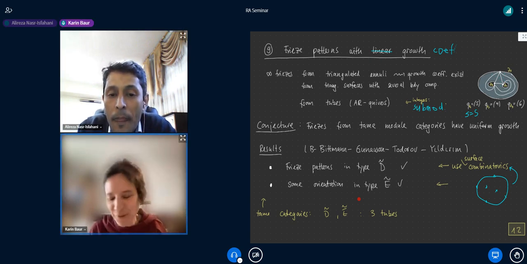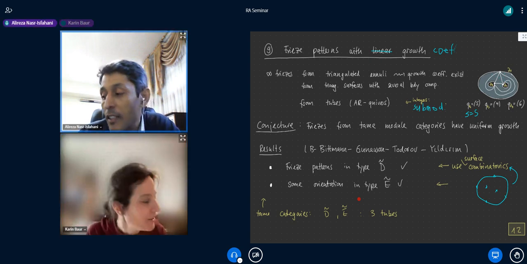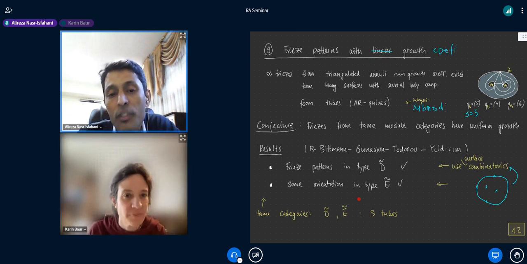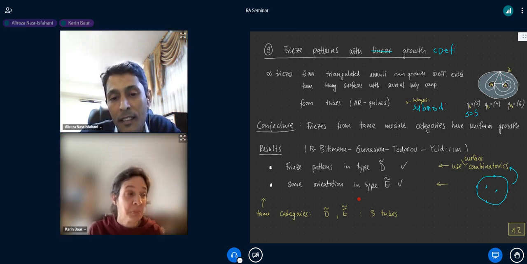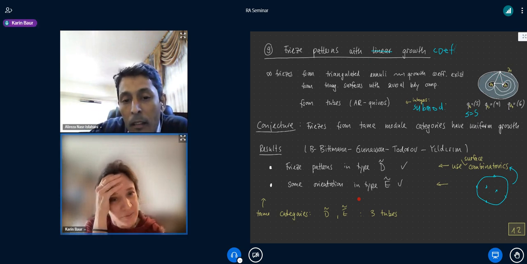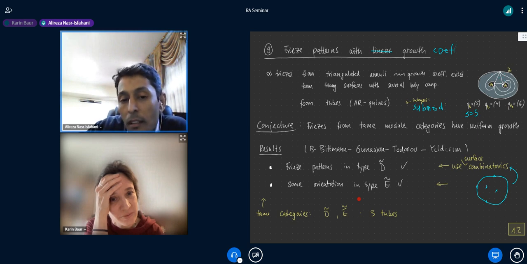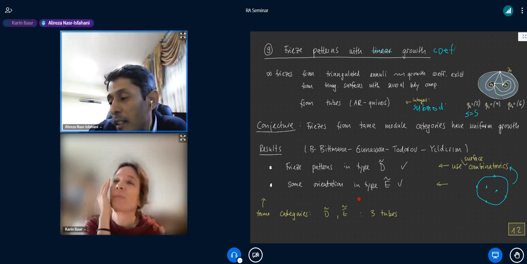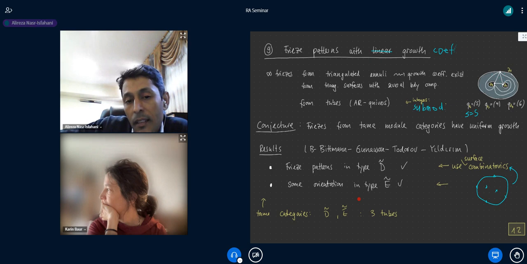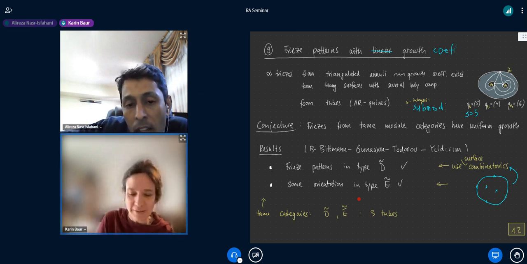In SLk Frieze patterns, if you change the k and work with a division ring instead of the field. SLk means k-dimensional subspaces of C to the n.